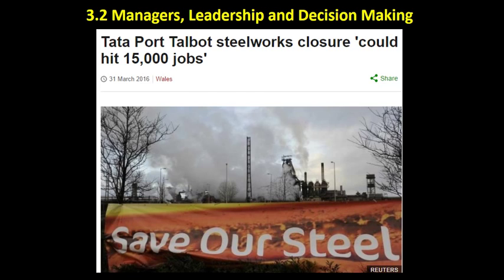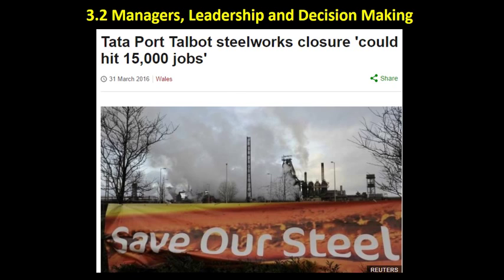So if you're not aware of what's been going on down in Port Talbot at the steelworks, it's the sort of thing that you should be keeping up with as a business student. But essentially, there has been a lot of doubt over the future of British steel due to very cheap Chinese imports, much cheaper than we can produce steel in the UK.